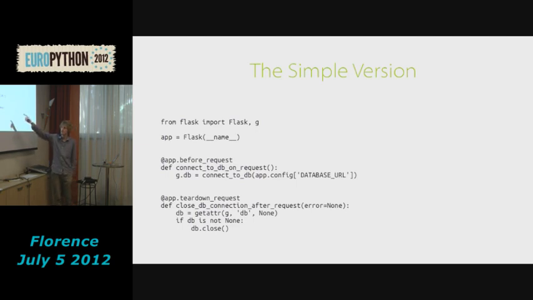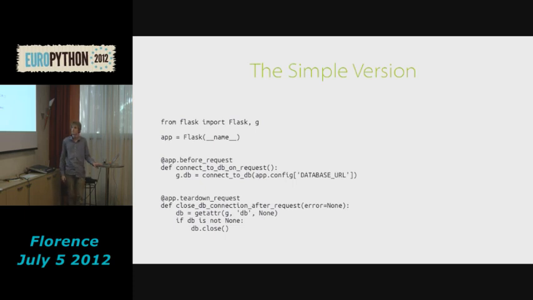For instance, if my database server is down and connecting to the database gives me a socket exception, the teardown would still execute. So we have to be careful. If you use getattr with G, then the name of the attribute, in this case database, and a third parameter, which is the default, it will return that if it doesn't find the attribute. You avoid raising an exception there. All right, so what's the problem?